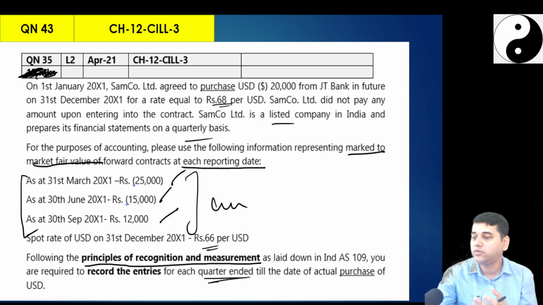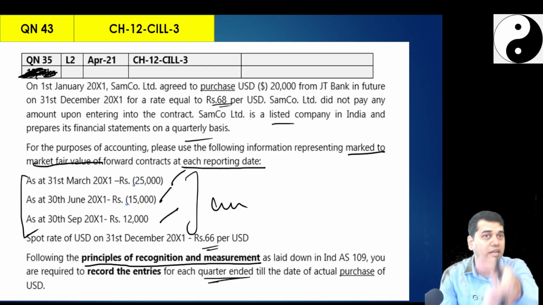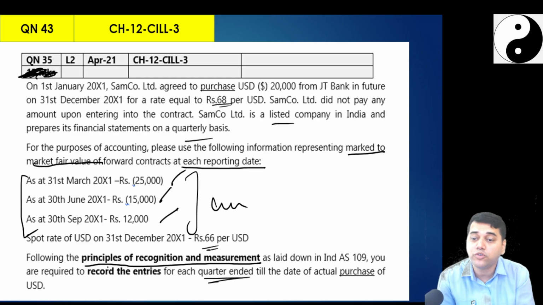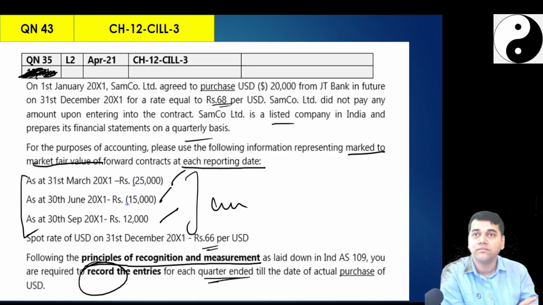That's why they tell you, following the principles. So is it meeting a derivative contract? That is the first thing that you need to write. Following the principles, you record the entries. That means if it is not a derivative contract, why on earth should you pass the entries? That's why they give you 12 marks.